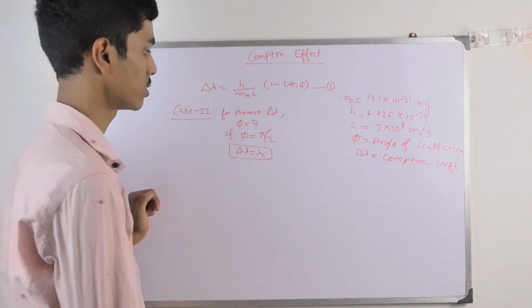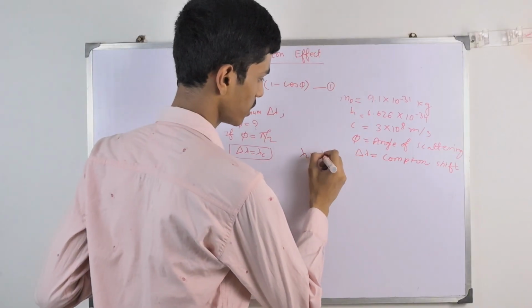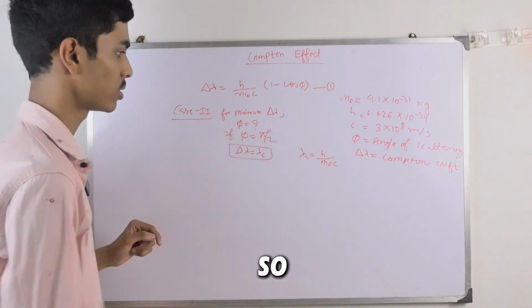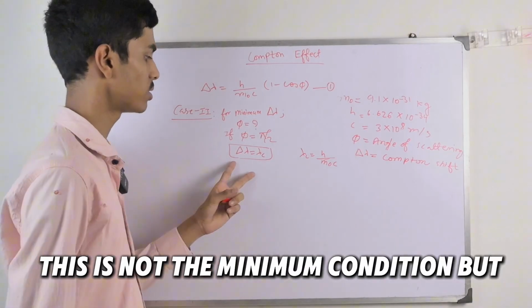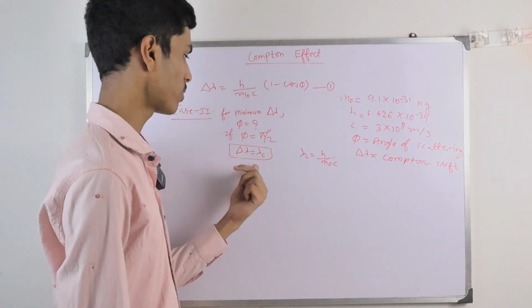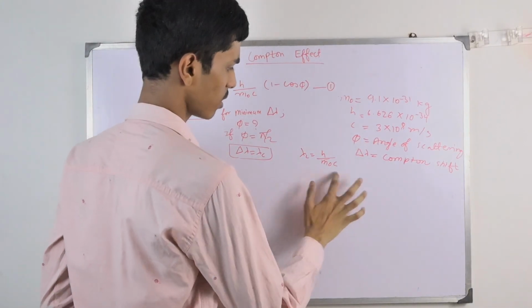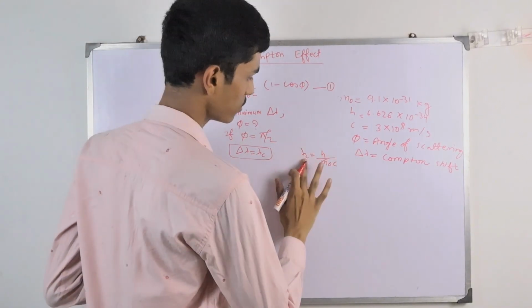We know lambda c to be h by m naught c. This is not actually less than that. So this is not the minimum condition, but this is the condition when the Compton wavelength is equal to the actual wavelength. Okay, so we will come to how actually this is coming.